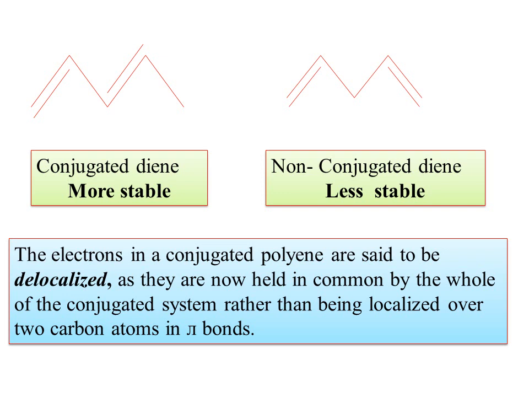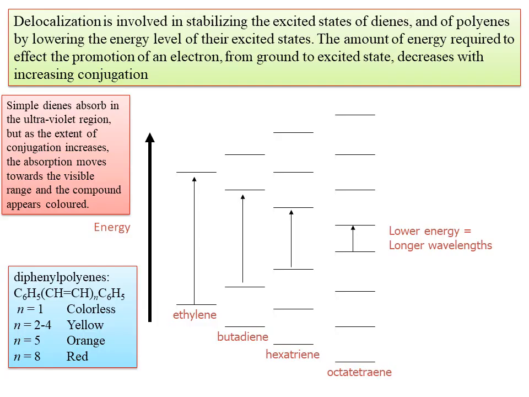Similarly, the atoms which are involved in a covalent bond may be present in dienes. I told you delocalization or conjugation plays a very important role. When you consider the stability of these: ethene contains only one double bond, butadiene contains two double bonds, hexatriene contains three double bonds, octatetraene contains four double bonds.